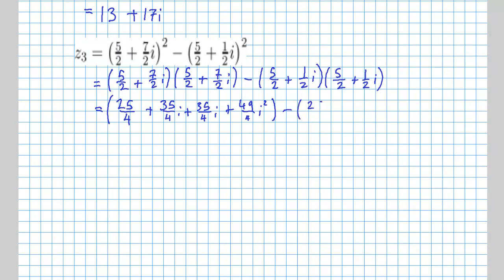With the second one, we're going to end up with 25 over 4. We're going to have a 5 over 4i, another 5 over 4i, and lastly a 1 over 4 times i squared.